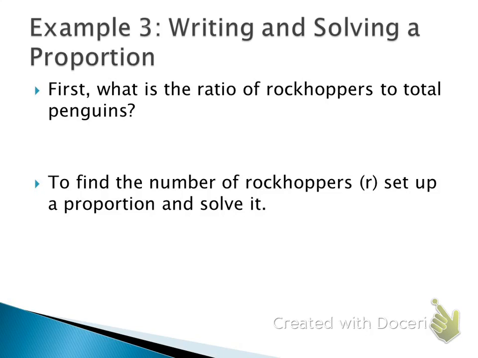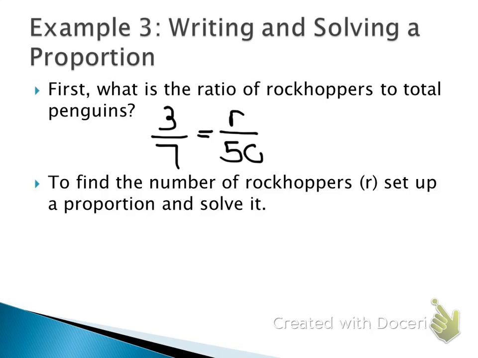Well, I have a problem here right from the beginning, and you should be reading along in your book on example 3. It gives me the ratio 3 to 7, right? 3 rockhoppers to 7 African penguins. Equals, I don't know how many rockhoppers, to 50 total penguins.